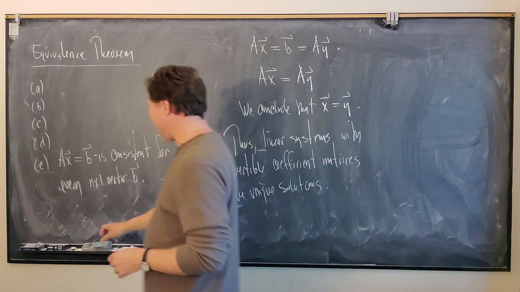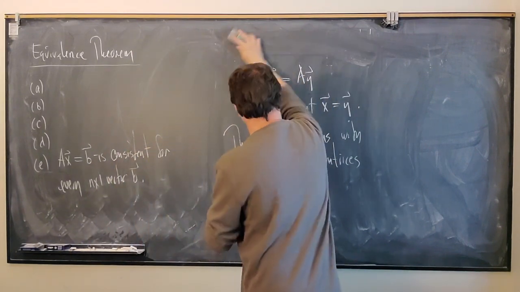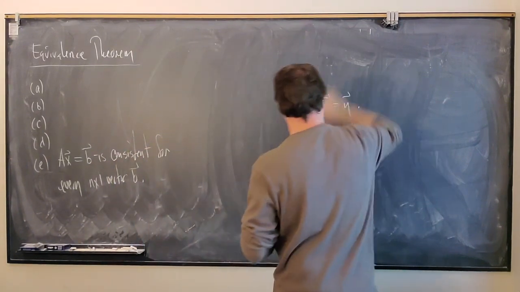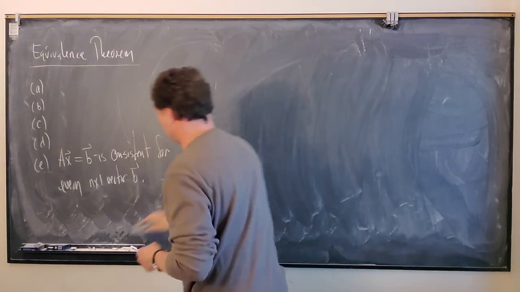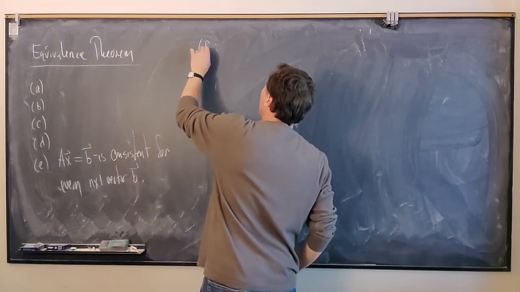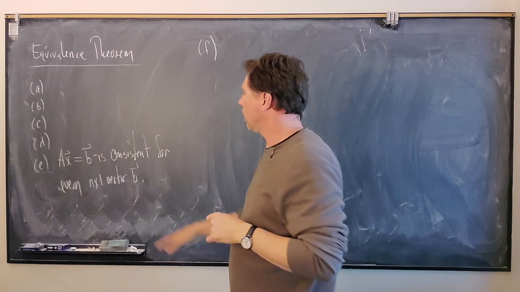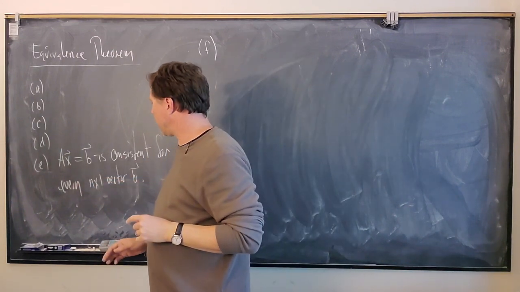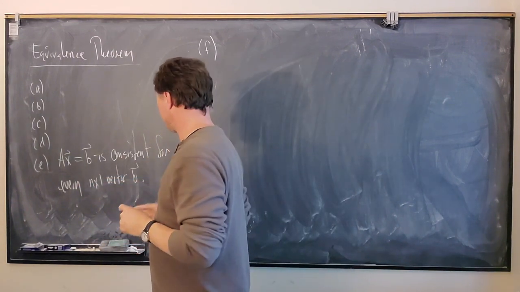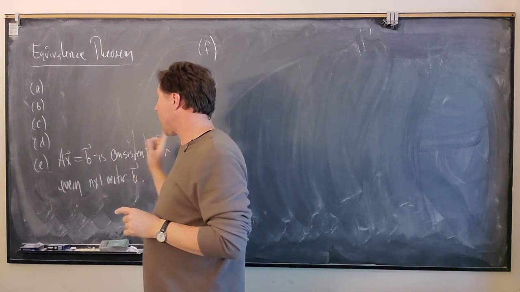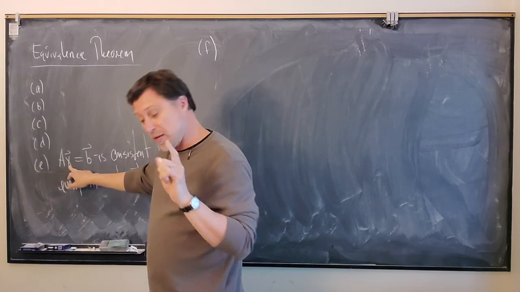And then part F. The next part of the computation, the part that I just erased, told us that not only is it consistent, but it has a unique solution.